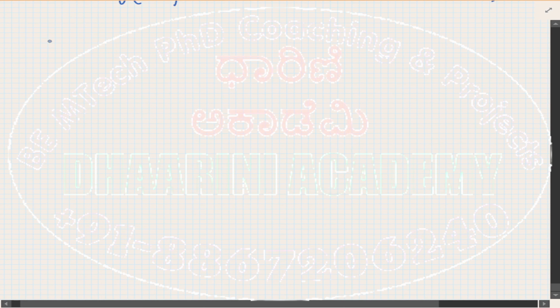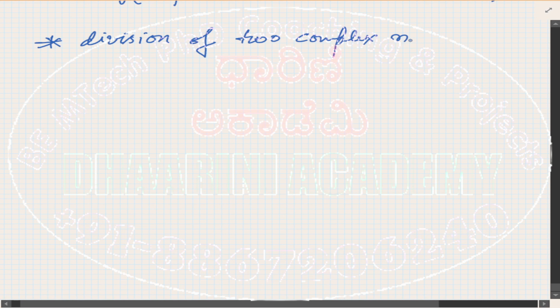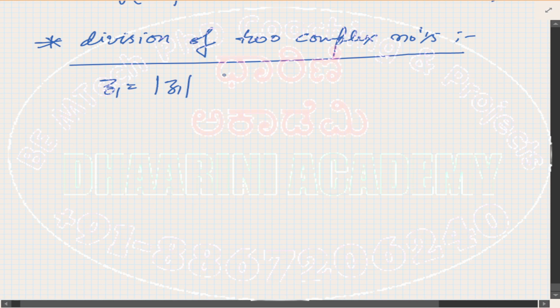Then we have the second application coming up, which is the division of two complex numbers. Once again, let's define. Let z1 be magnitude of its value times e to the i theta 1, and z2 be magnitude z2 e to the i theta 2.